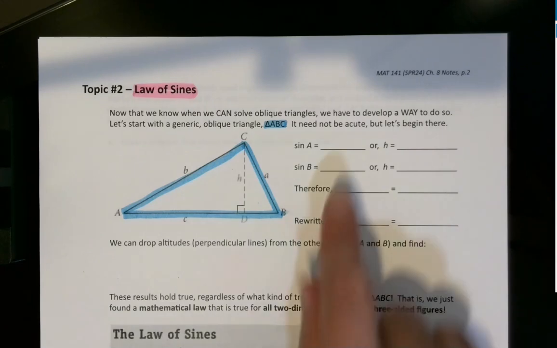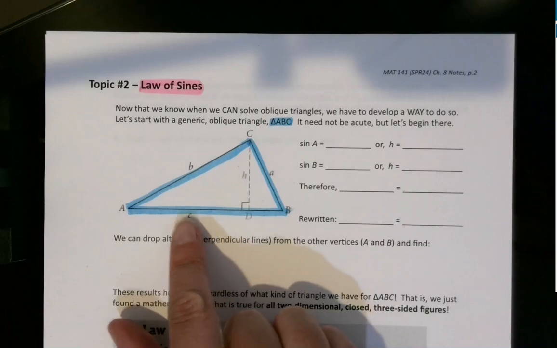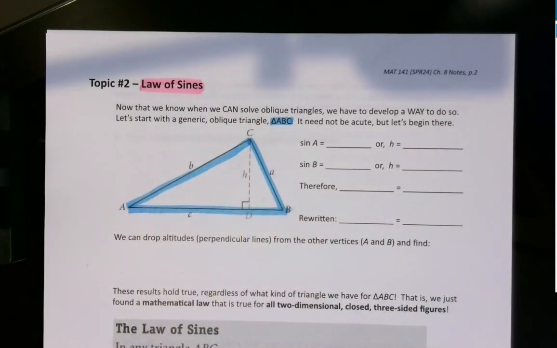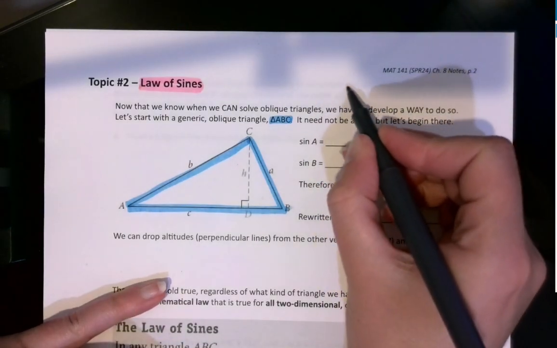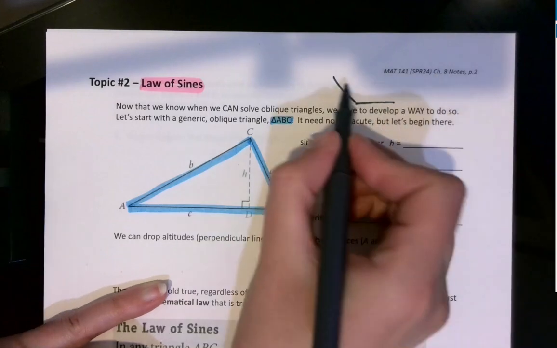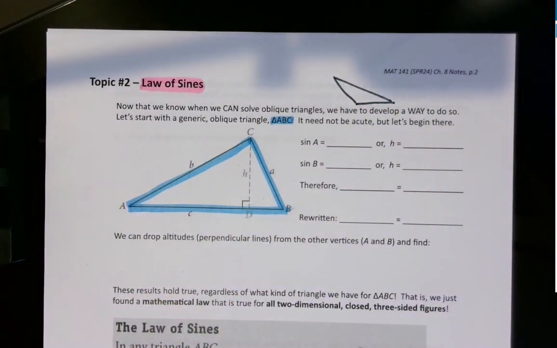So this particular oblique triangle is acute because each of these angles is below 90 degrees. It does not have to be. So it just happens to be the way this one was drawn. You also could draw an obtuse angle and make your triangle that way. No big deal. We're going to be able to solve an obtuse triangle the same exact way. So we're just going to begin with this diagram.